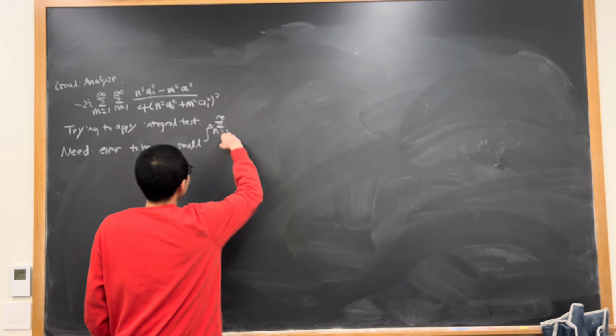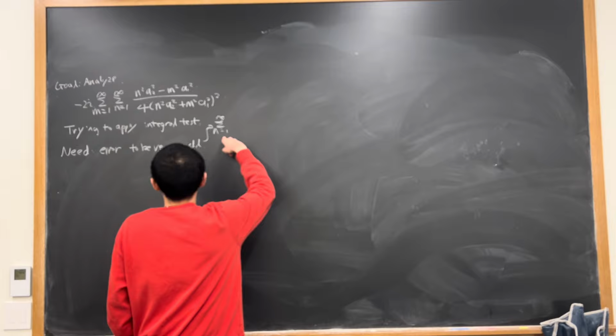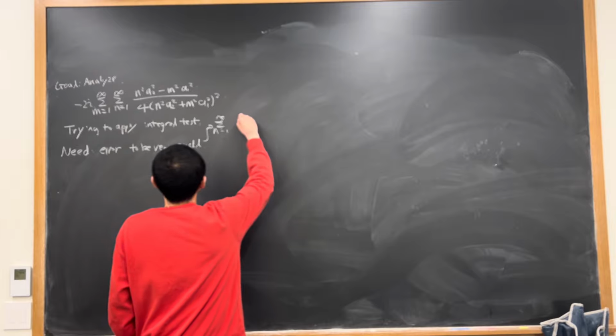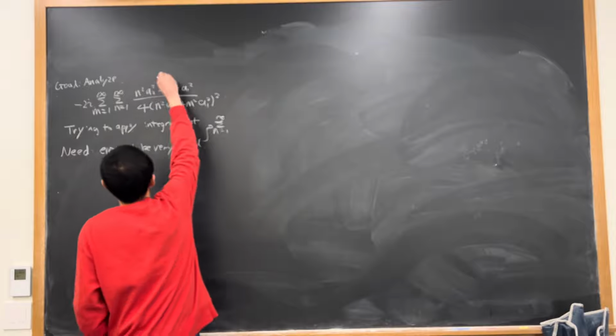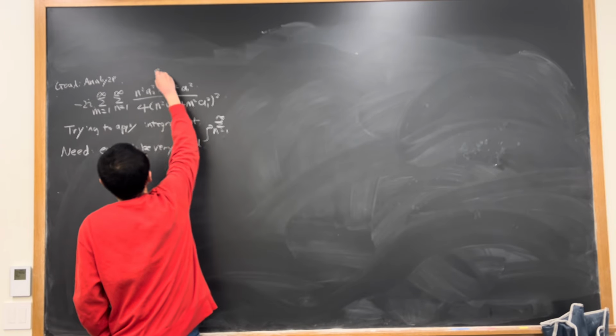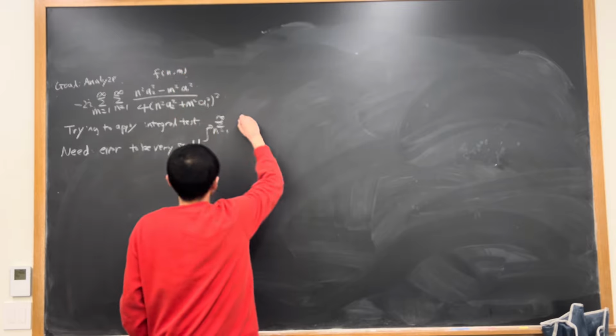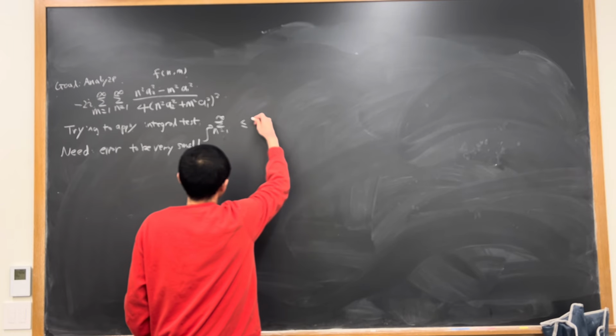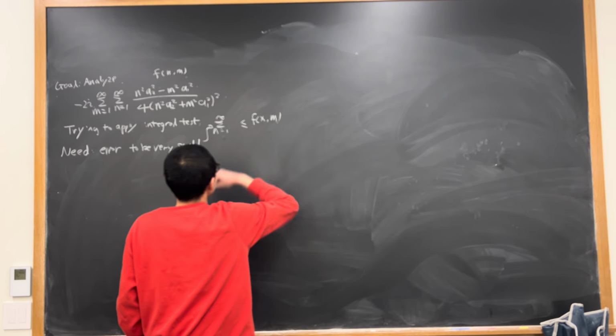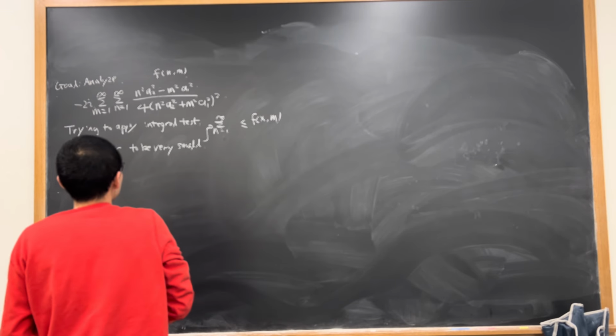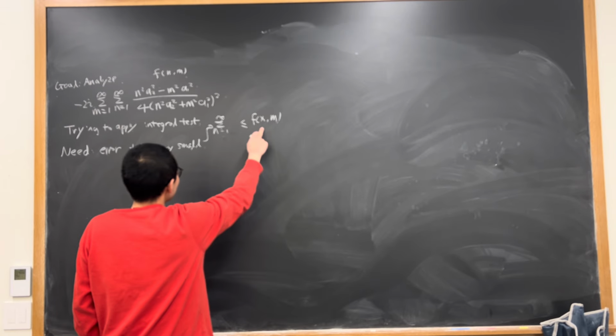So when we sum over n, we can bound it above by f of x comma n, for each term, not the sum.